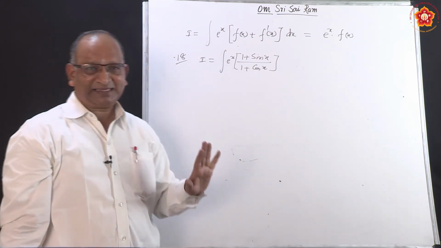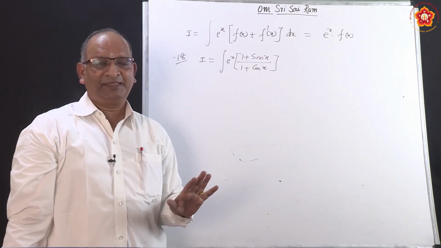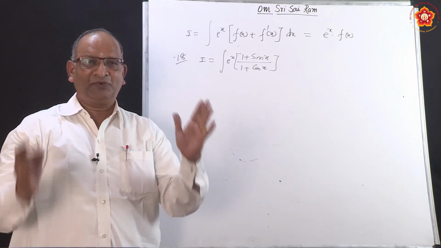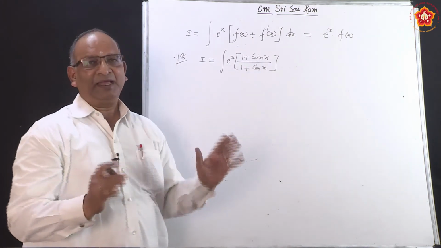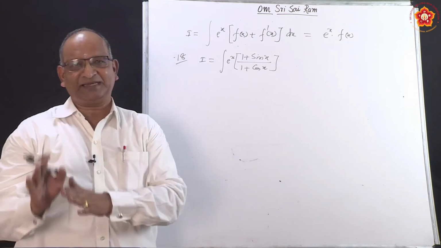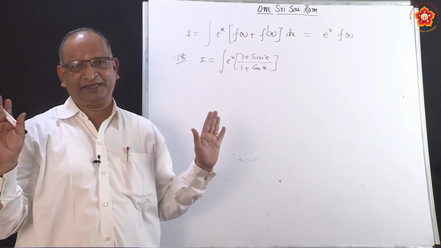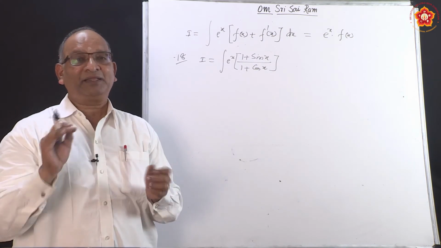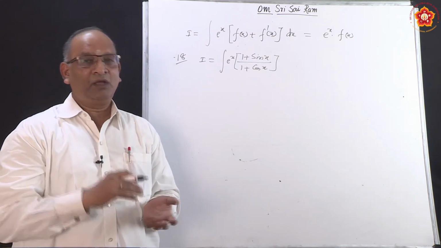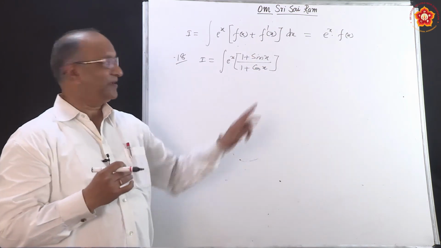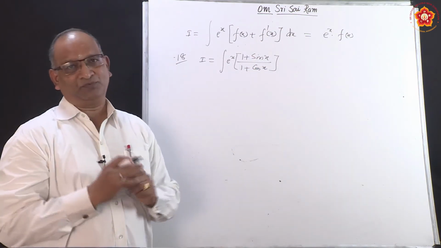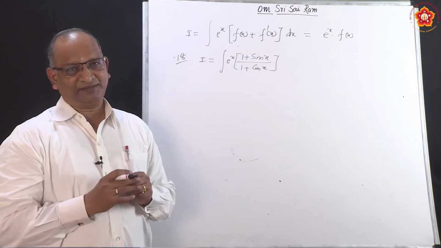Since e to the power x is there, this should strike you that if we can write the given bracket, this whole thing, as f x plus f dash x, the answer will be straight e to the power x f x. But the question is, what is f x? What is f dash x? Can we take directly this as f x and this as f dash x? No. So, how to proceed?